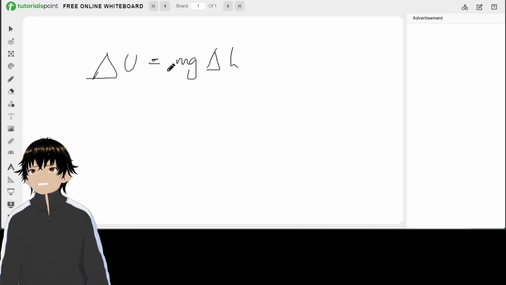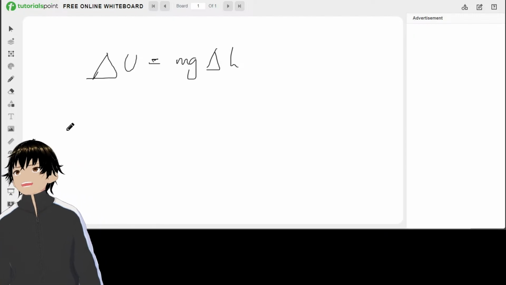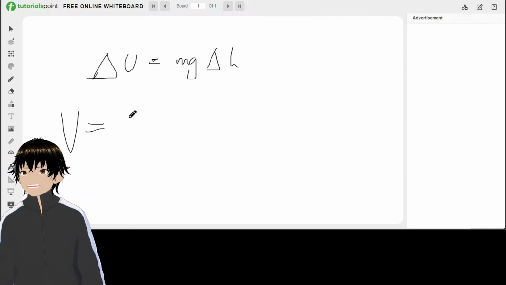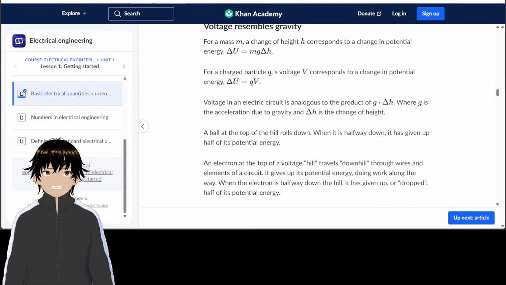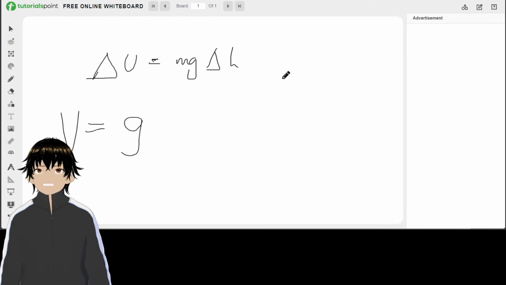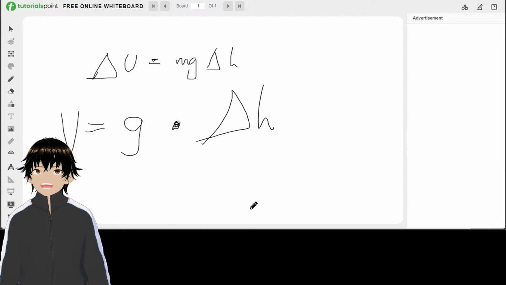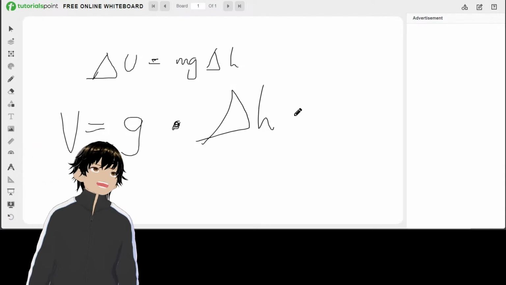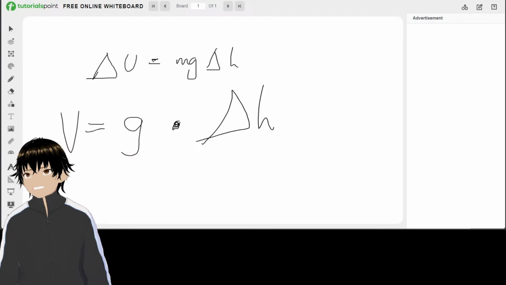So we can make an analogy of voltage being just the acceleration due to gravity times the change in height. So we have gravity acceleration times change in height. That's basically just voltage.